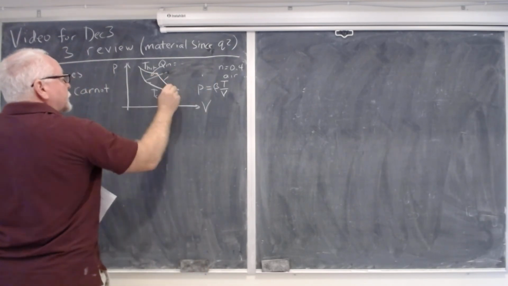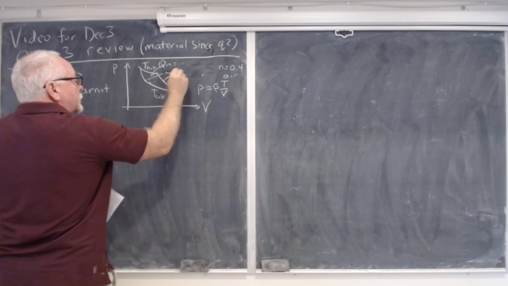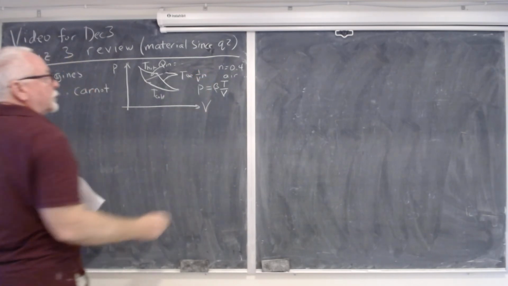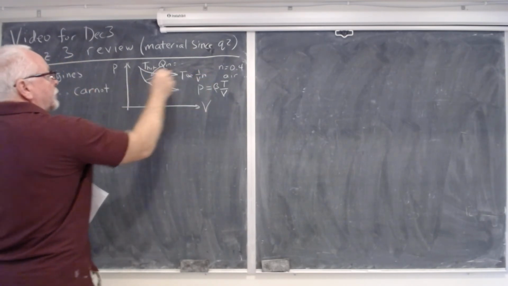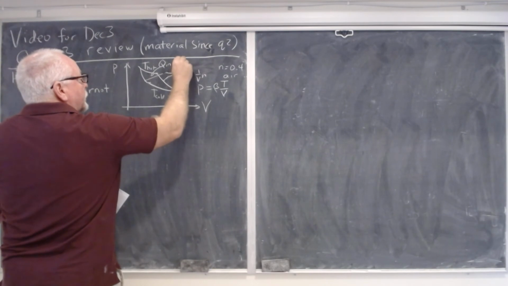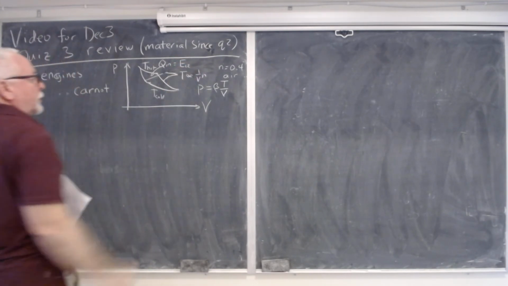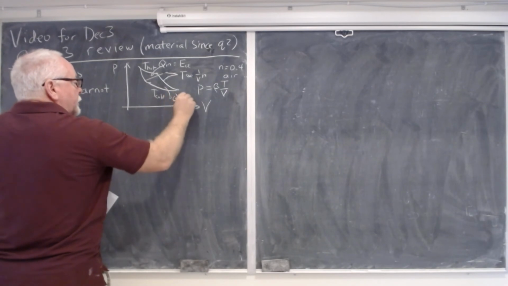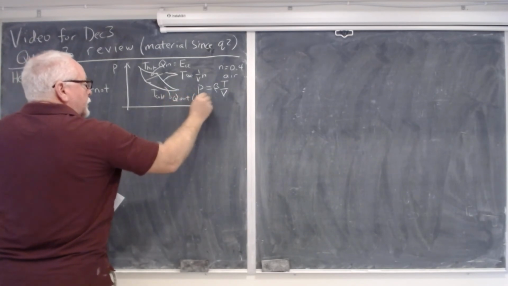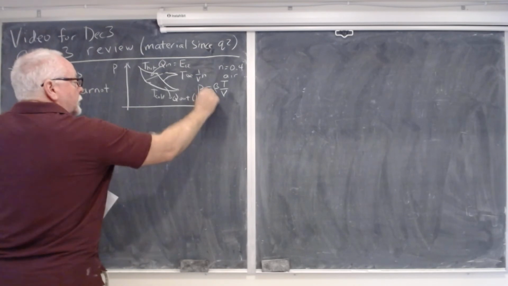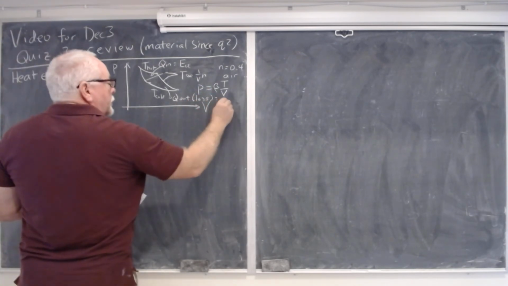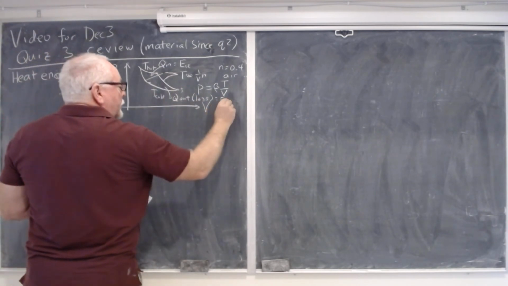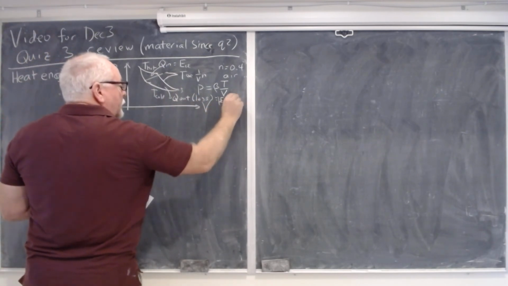So for these two parts of the cycle, T is proportional to 1 over V to the N. And the Q input is equal to the energy of 1 to 2. We went through that. And the Q out, which is your loss, is equal to the energy from 3 to 4, or the absolute value there.